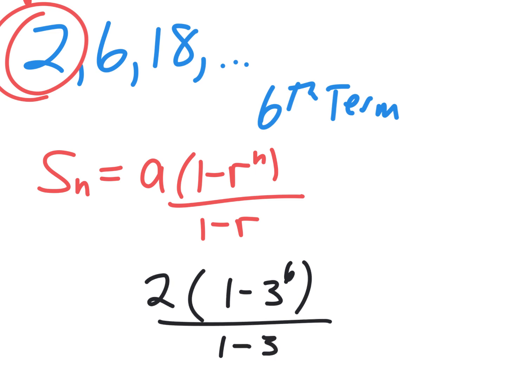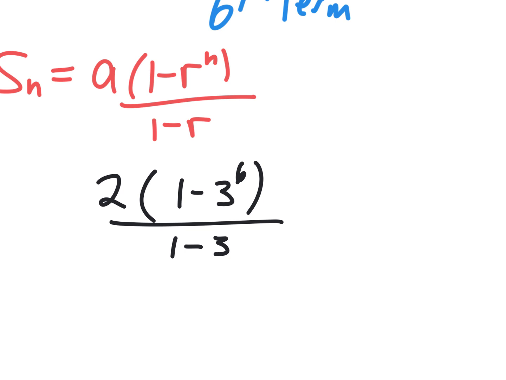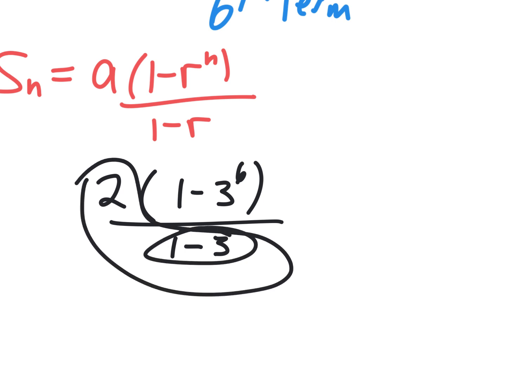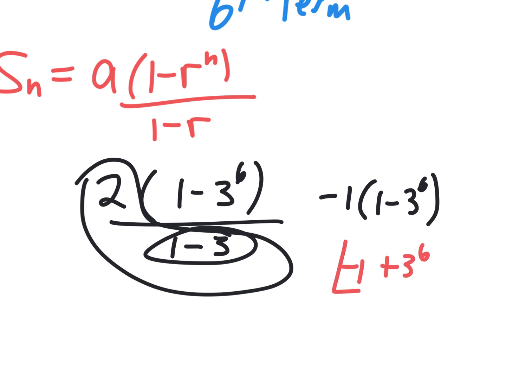So then I have 2 over a negative 2 here, and a 2 over a negative 2 can simplify down to just a negative. So then it's negative 1 times 1 minus 3 to the 6th. So then if I'm going to distribute that negative out, it would be negative 1 plus 3 to the 6th. You guys were correct. Nice job.